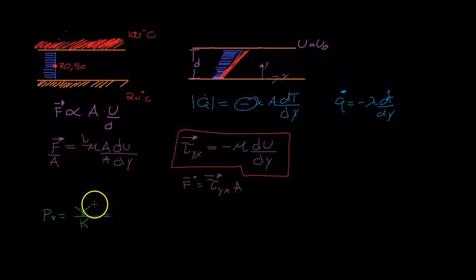Kinematic viscosity, let's remember, is the viscosity over density, and the thermal diffusivity is the thermal conductivity over rho times Cp.